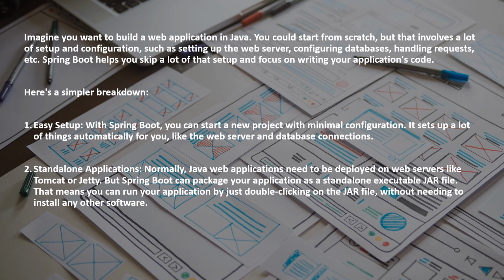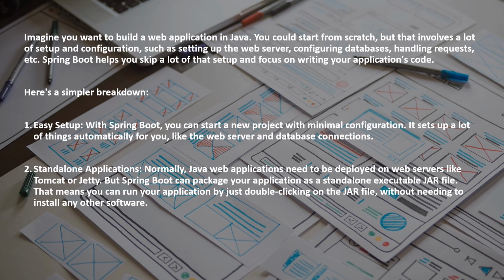The easy step is that with Spring Boot, you can start a new project with minimal configuration, and it sets up a whole lot of things automatically, like the web server and database connections. And it has standalone applications. Normally Java web apps need to be deployed on web servers like Tomcat or Jetty, but Spring Boot can package your application as a standalone executable jar.